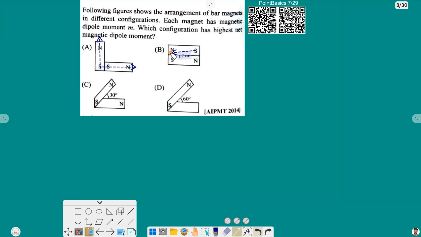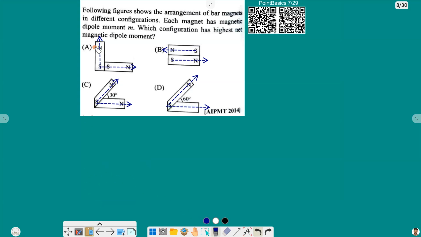Here we will have for first magnet and for the second magnet, something like this. Again here we have something like this and this. So effectively what we have in the first case, we have two vectors each of magnitude m at 90 degree.